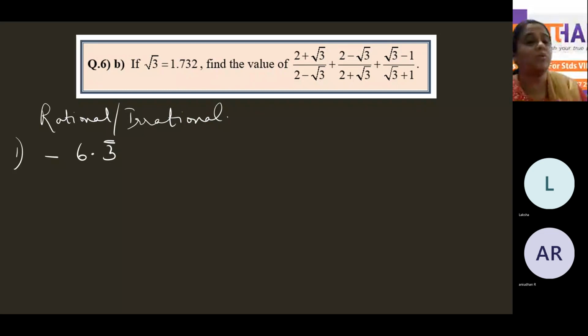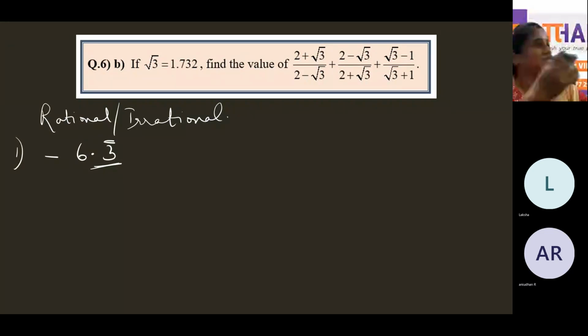Now tell me, minus 6.3. What kind of a decimal is this? How many of you say it's a terminating decimal? Anirudh and Laksha, is it a terminating decimal?